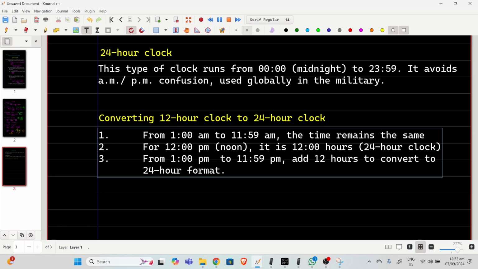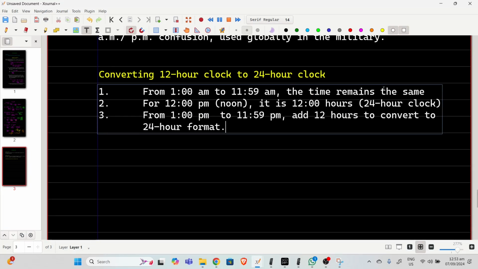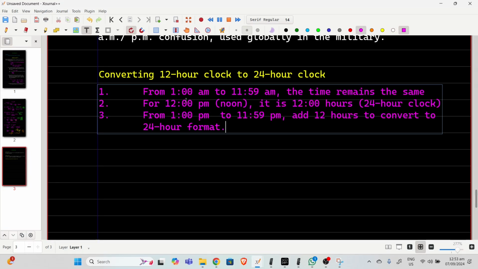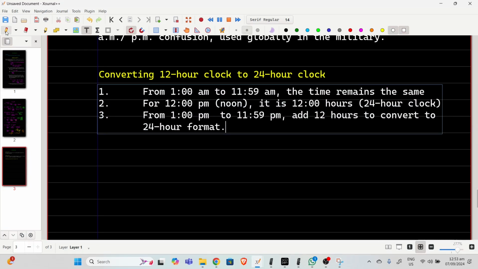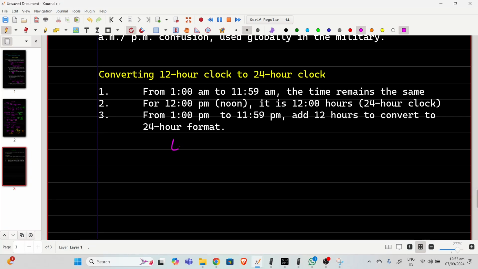All right, so let's do a quick example. Let's say we're required to convert 3 p.m. to 24-hour format.